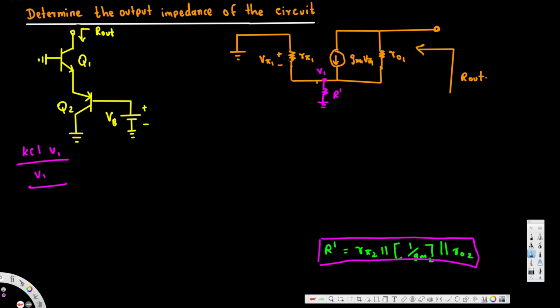These two are parallel, since there's a node separating them. So V1 over R prime parallel Rπ1 is the current here, plus V1 minus Vx over RO1.